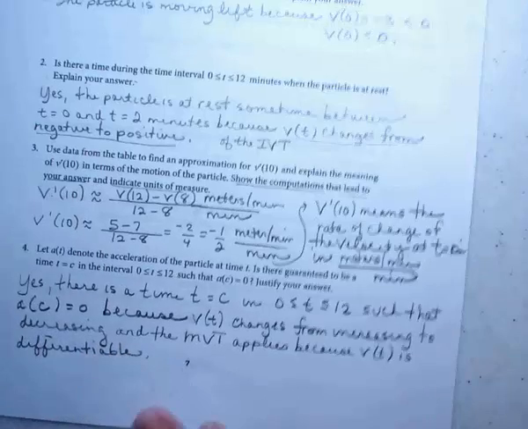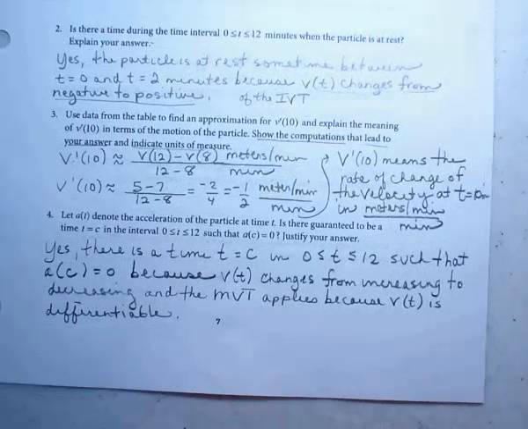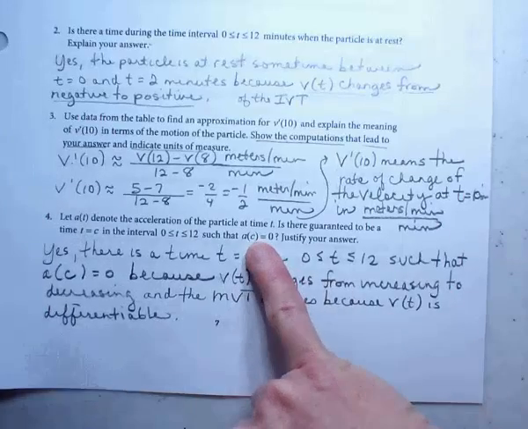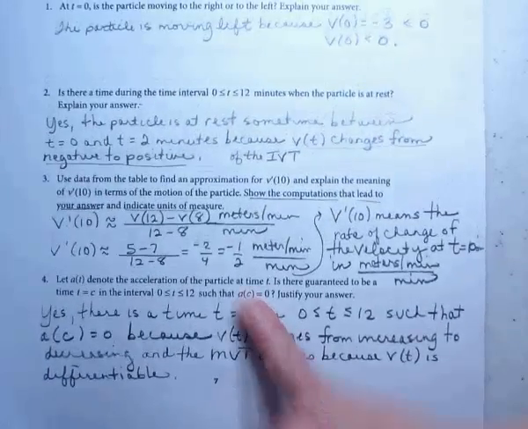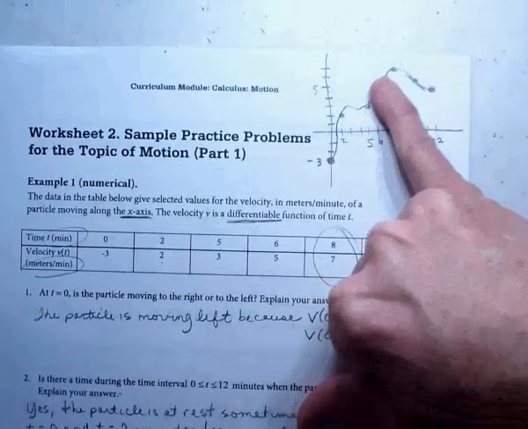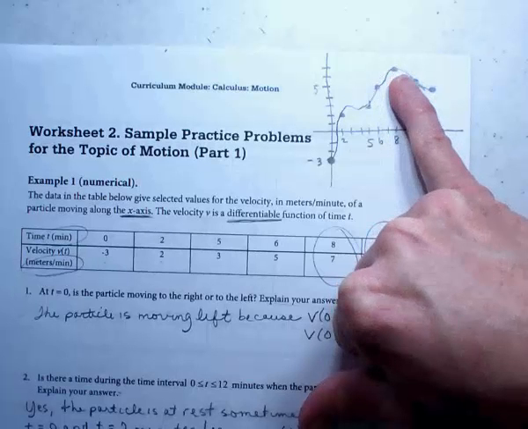And why is that important? Why is it important that we say that the velocity graph is differentiable for this question? They're wanting us to find out if the acceleration is ever equal to 0. If this function wasn't differentiable, I could draw sharp turns. So right here, that wouldn't be a 0 slope, that would be a does not exist slope.